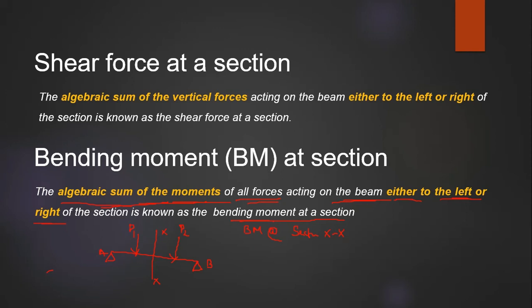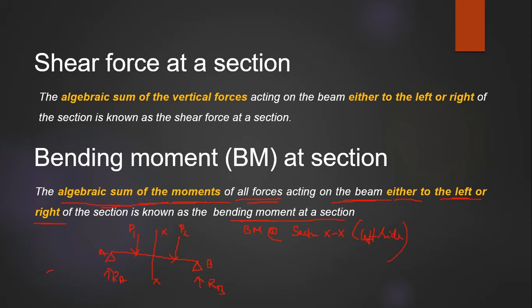So we have two forces on the left hand side, RA and P1, and on the right side we have RB and P2. So consider any one of the sides of section XX, either right or left. Let me first consider the left hand side.